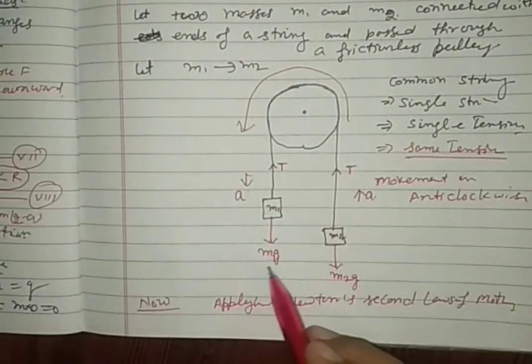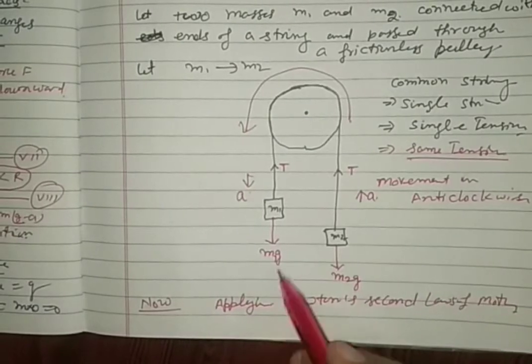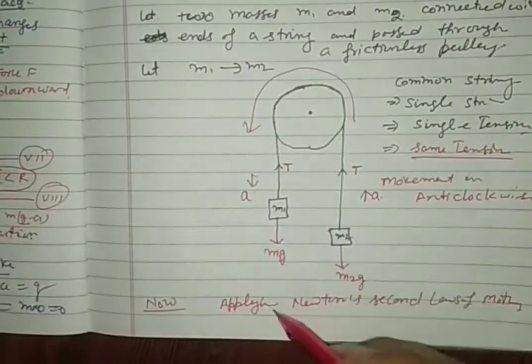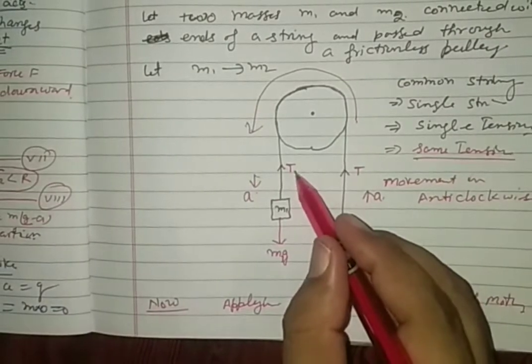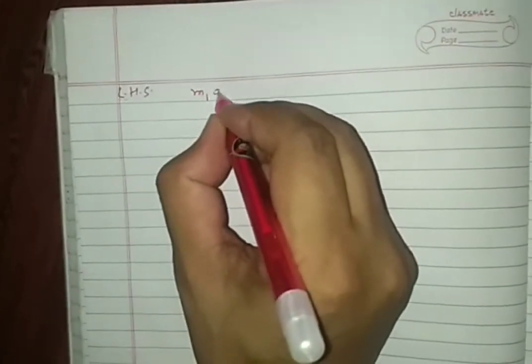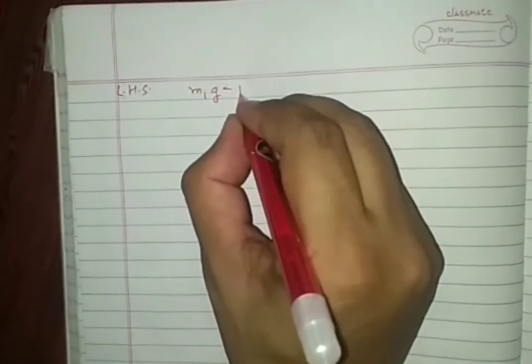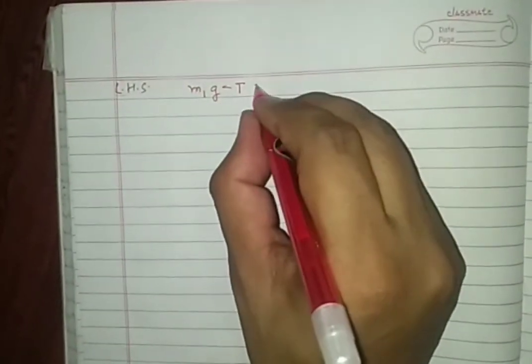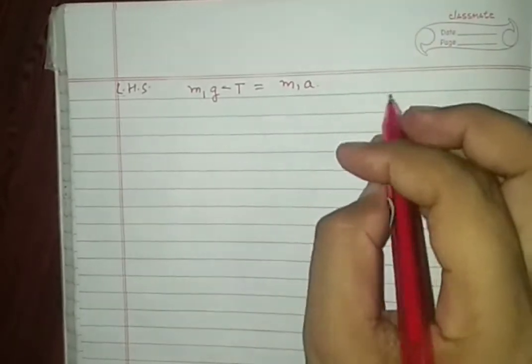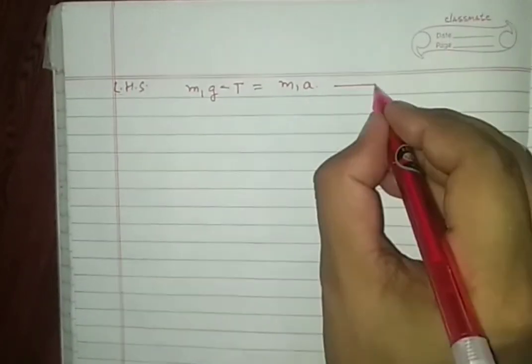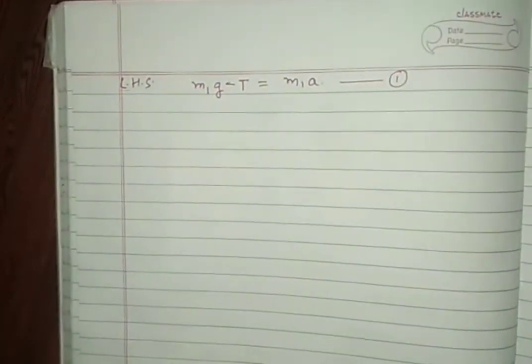On the left hand side, where M1G acts and the system comes downward, M1G is greater than the tension. So we can write M1G minus T equals M1A. Write this as equation number 1.